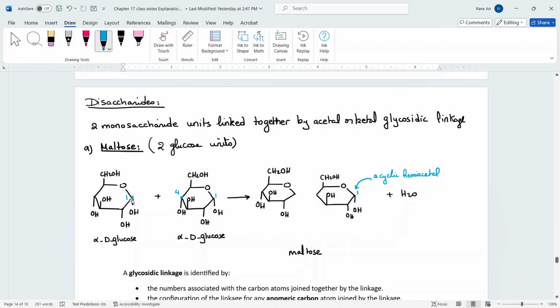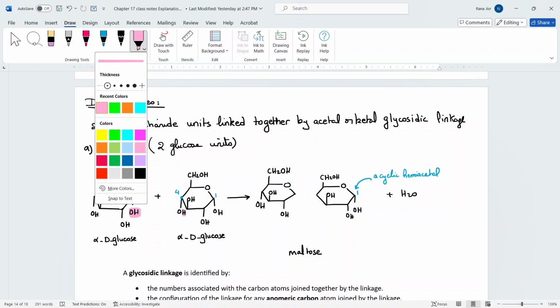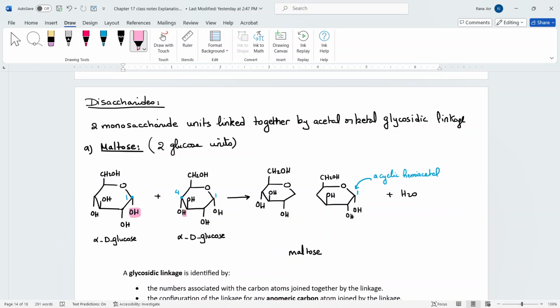This is how the two glucose units bond with each other between carbon 1 and carbon 4. Carbon number 1 loses its OH, and carbon number 4 loses its hydrogen. So you form a bond between carbon 1 and the oxygen that is left on 4. So that is the bond between 1 and 4.